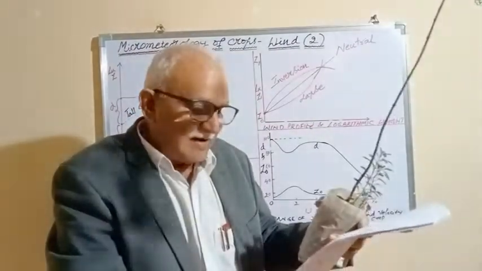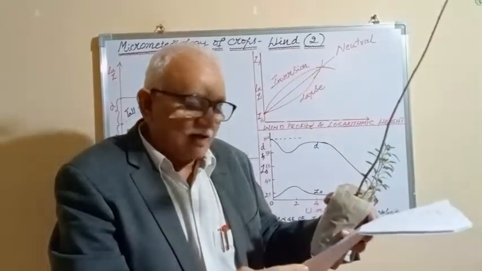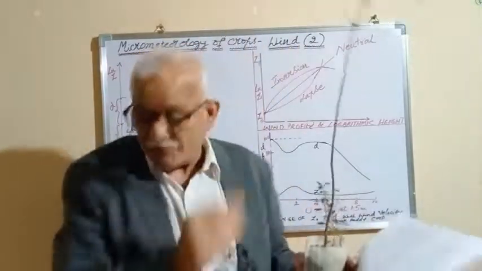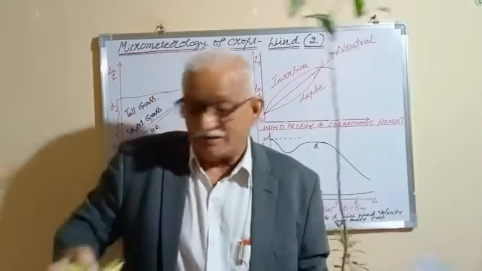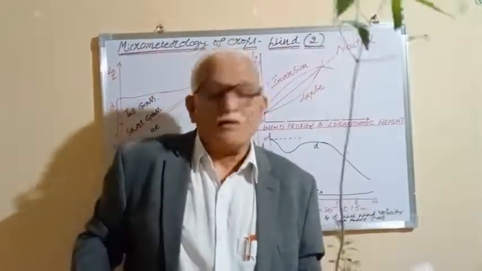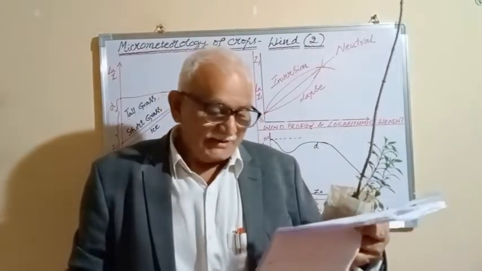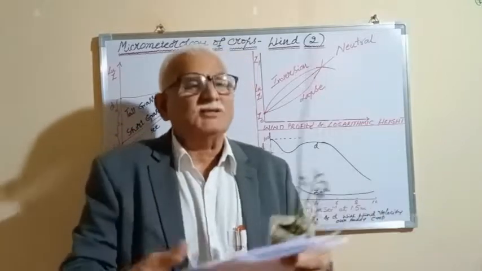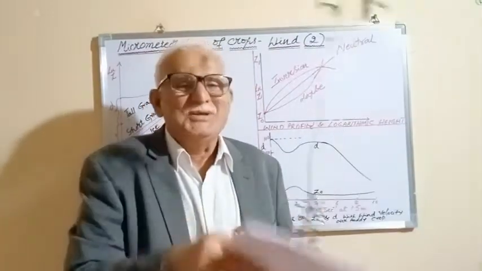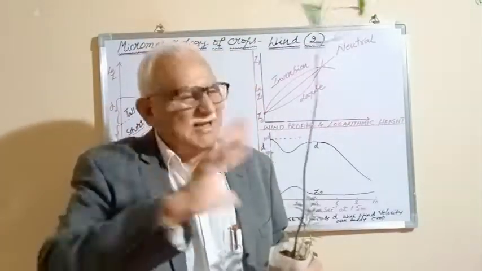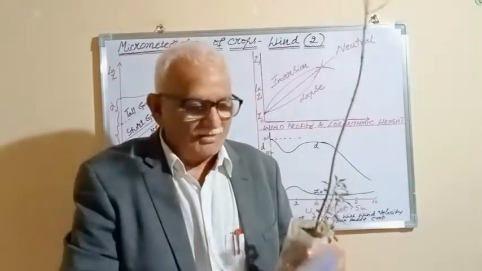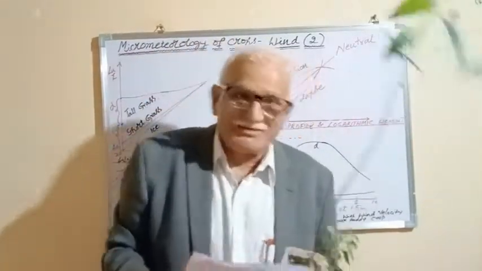Now please write: the value of D is a function of the height, whether it is a tall crop or a short grass. The density, the mechanical properties of the plant, branches, twigs, the arrangement of the leaves, these are all the mechanical characteristics of the plant.